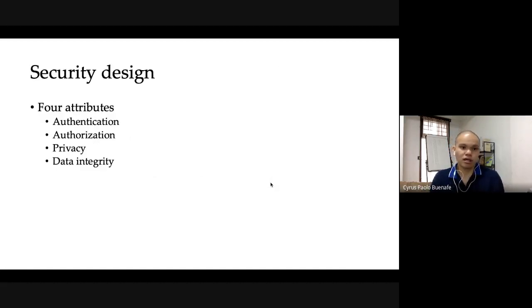Well, the last design that we've talked about earlier is the security design. When you look at security design, there are 4 attributes to look into. You look at authentication. You want to make sure that the one who sent the data is actually the same person you expect to send that data, so it's not a fraud. It's not an impostor who sent that information.